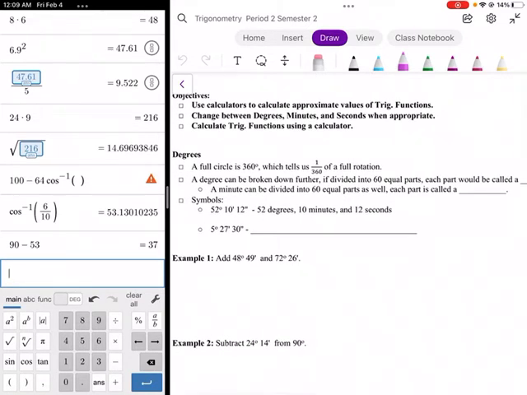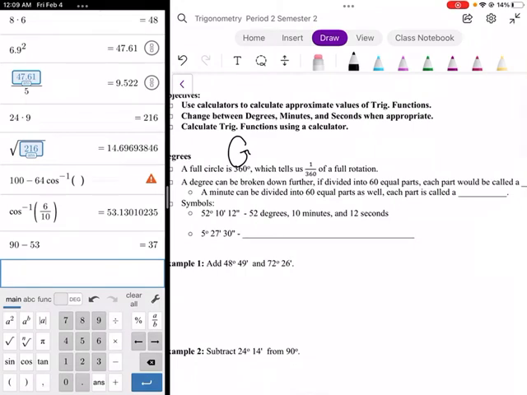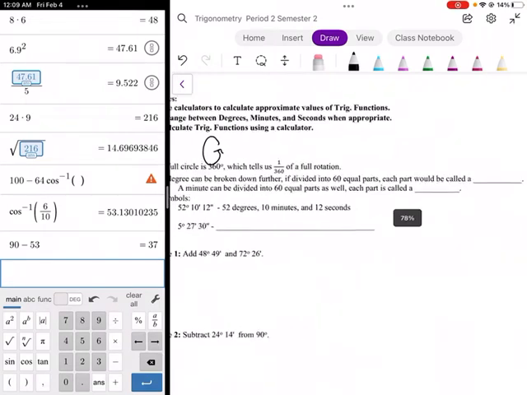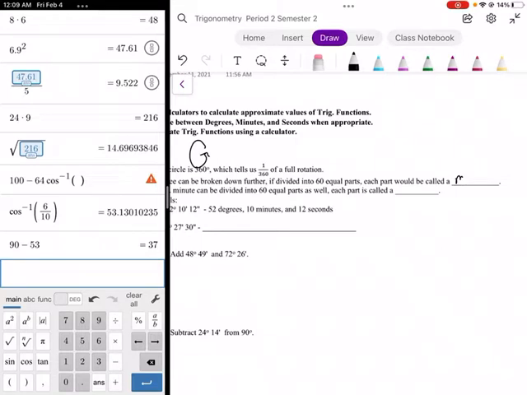So a full circle all the way around is going to be 360 degrees, which tells us that 1 of 360 would be 1 degree. A degree can be broken down further if it is divided into 60 equal parts. Each part would then be called a minute.